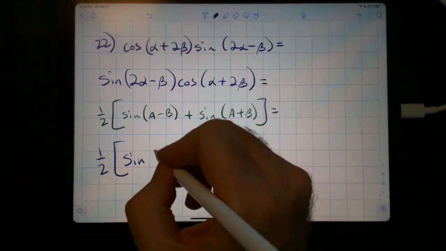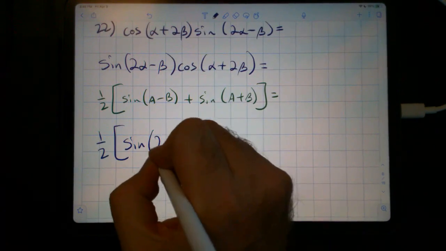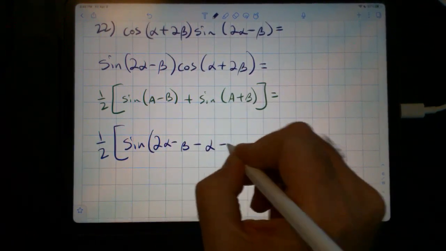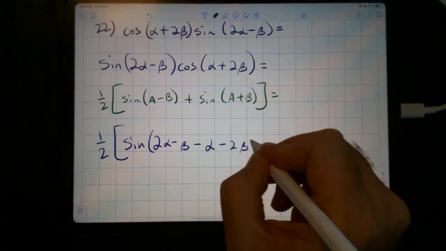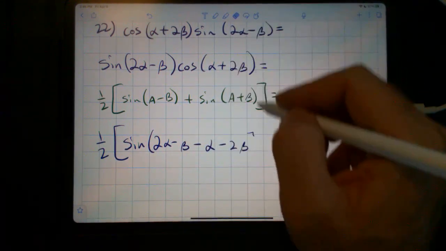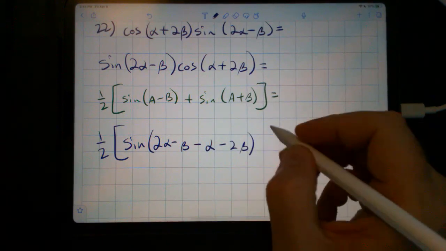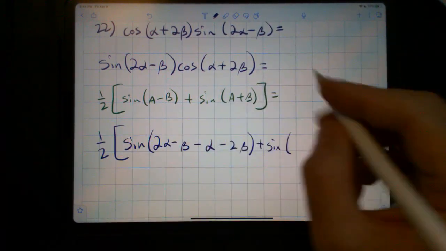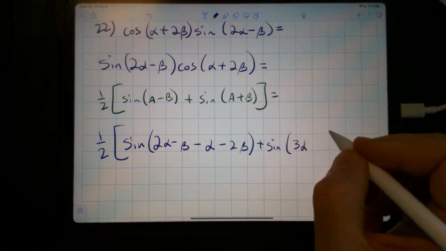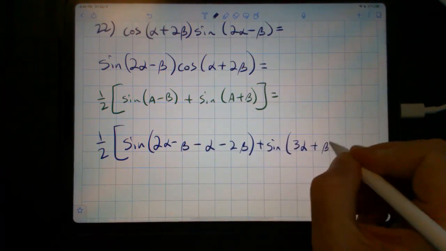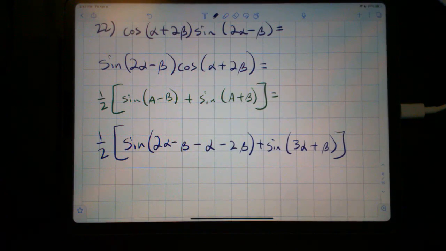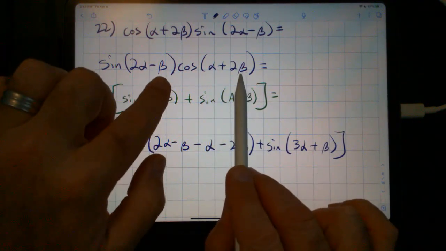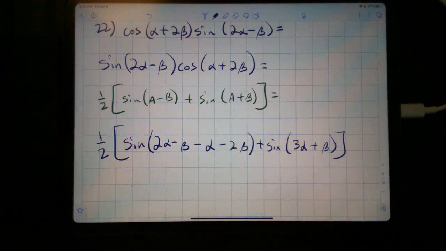And so this will be 2 alpha minus beta minus alpha, and then we need to distribute that negative sign. And then sine of the sum. So this will be 3 alpha plus beta.